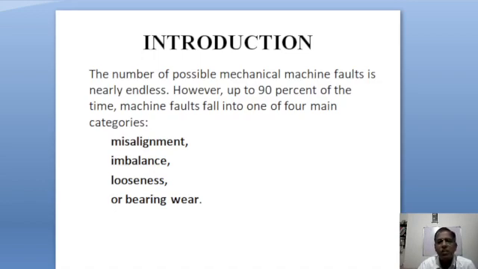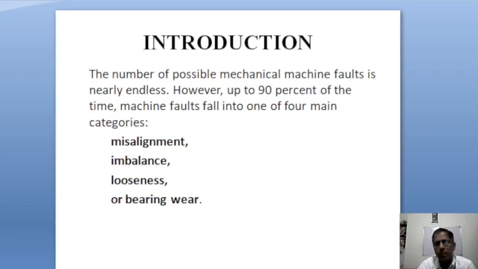Misalignments basically deal with shafts, imbalance deals with the rotors or gears, looseness is related to bearings or gears or foundation, and bearing and gear wear belong to bearings and gears respectively.